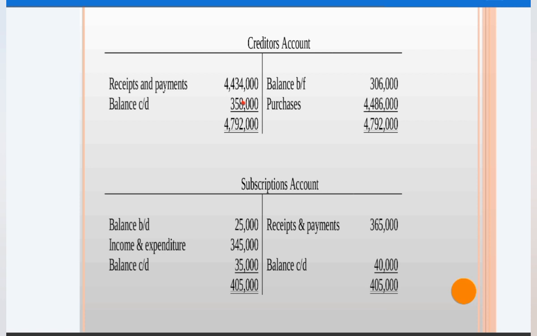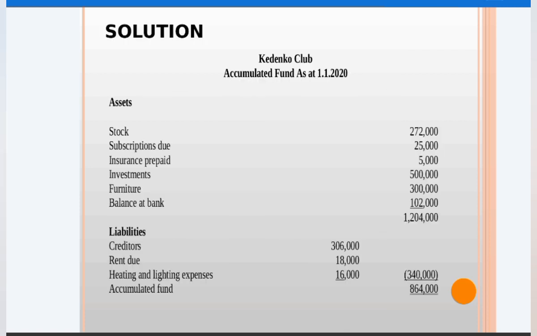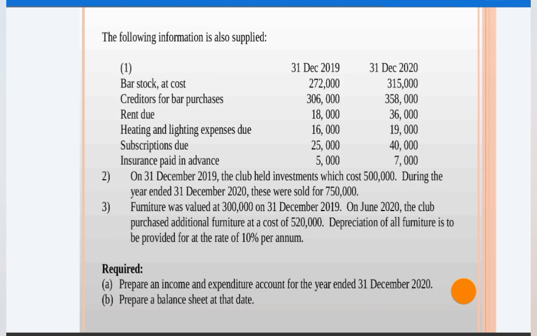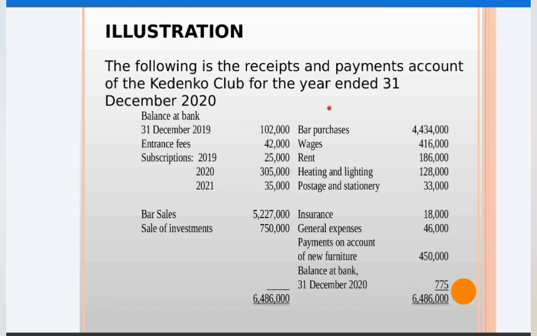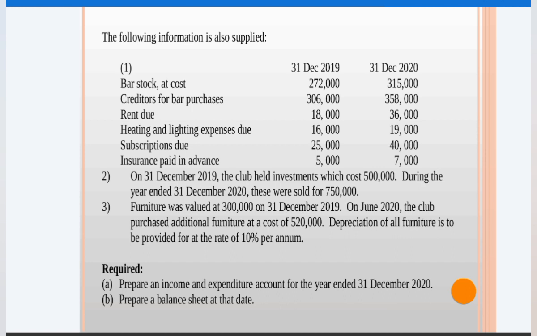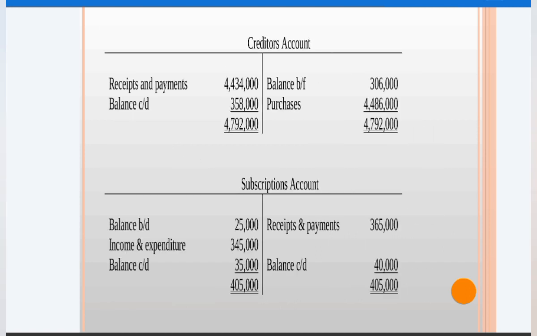And then we look at the cash purchases. The cash purchases, as you can see from the receipts and payments, is the 3,434,000. So this amount is for the cash purchases. So when we record this, we debit this account with cash purchases.